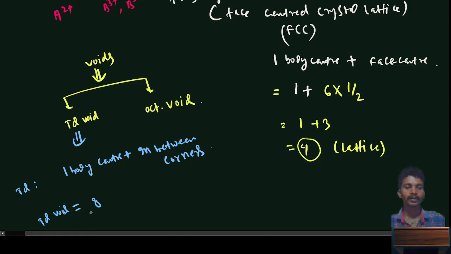We will discuss that while drawing the structure, while you are studying solid state chemistry. The total is 8 sites for tetrahedral sites.